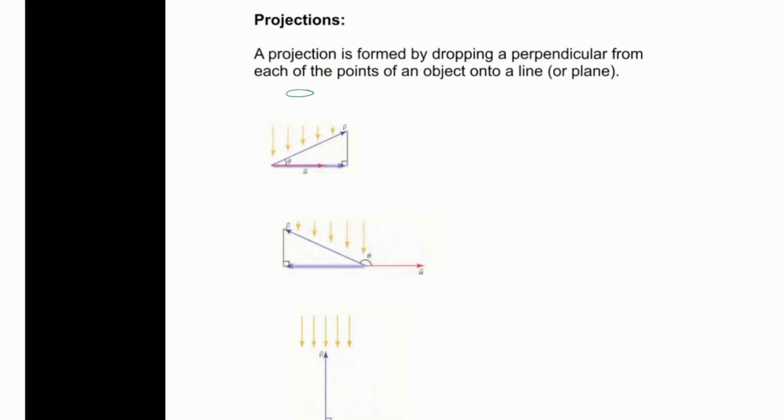So this projection of V onto U is the shadow that V is going to cast onto U. We can find that the projection is formed by dropping a perpendicular line down from the tip of the vector that's being projected and creating this new piece of vector that follows the same direction as the other vector. Now we would write this as the projection of vector V onto vector U.